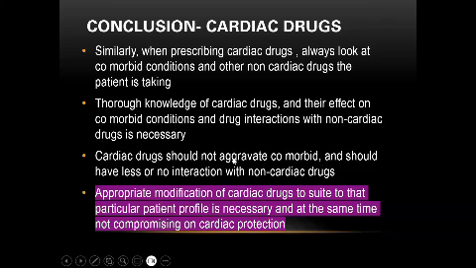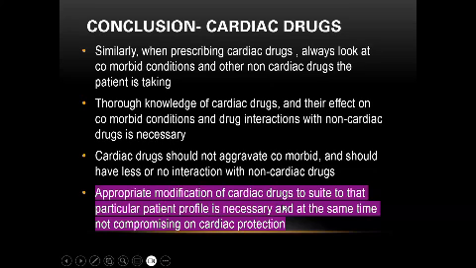Cardiac drugs should not aggravate the comorbid condition. They should have only little or no interaction with a non-cardiac drug. So appropriate modification of cardiac drugs to suit that particular patient, who has a particular comorbid condition and is also taking a particular drug for it, is necessary.